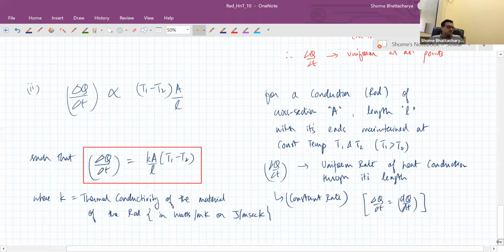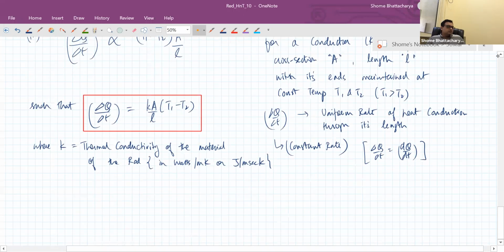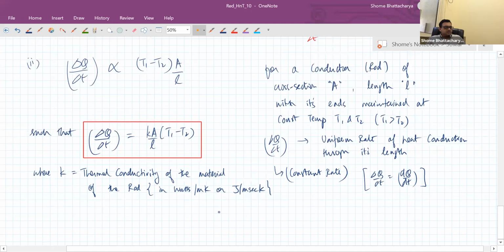Just for example, the thermal conductivity of copper is about 385 watts per meter Kelvin, whereas the thermal conductivity of aluminium, a poorer conductor, is approximately 205 watts per meter Kelvin.